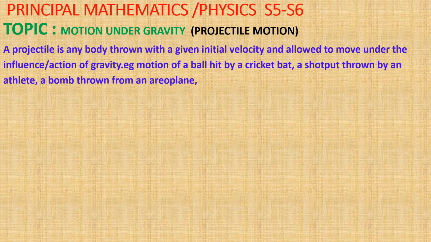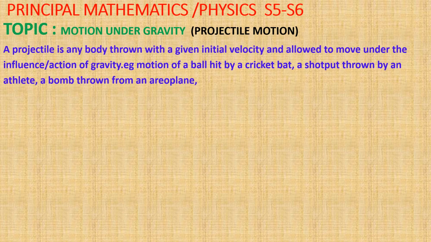However, projectile motion can be in three phases. Phase one, we can take a situation where a body is vertically projected, probably from a certain height. So that is vertical projection. We can talk of a body being projected at an angle, and then the body is allowed to describe a parabolic path.